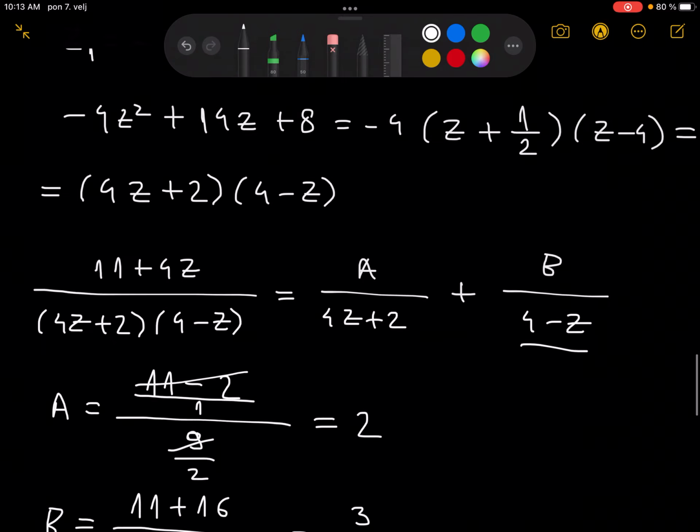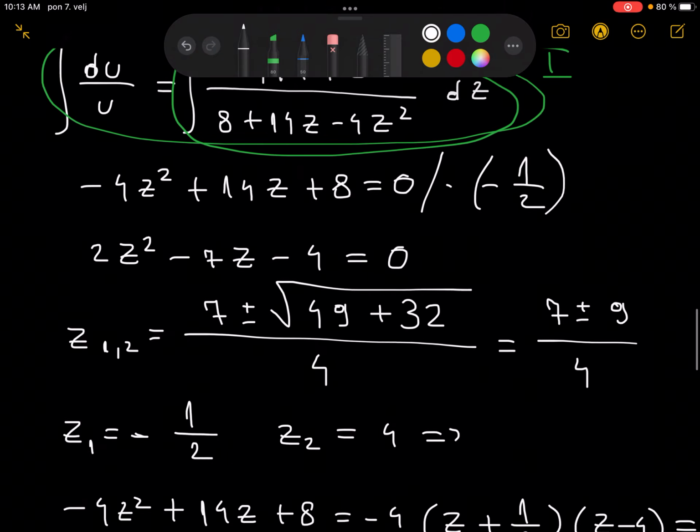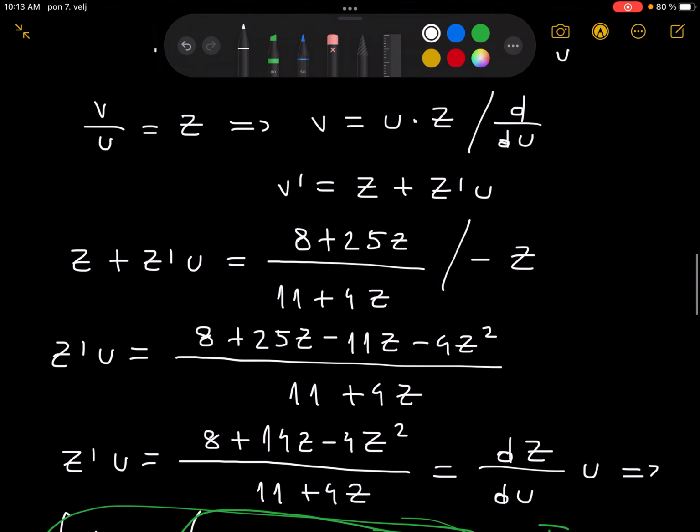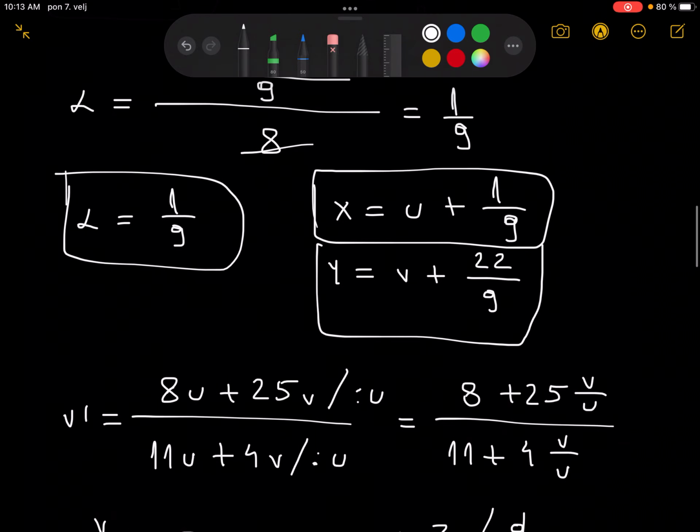So instead of u, I'm going to rewrite x minus 1 over 9.